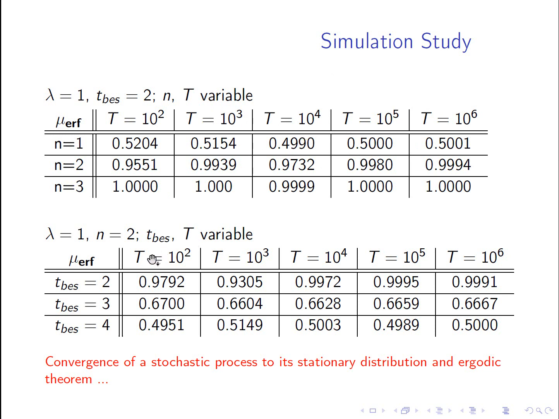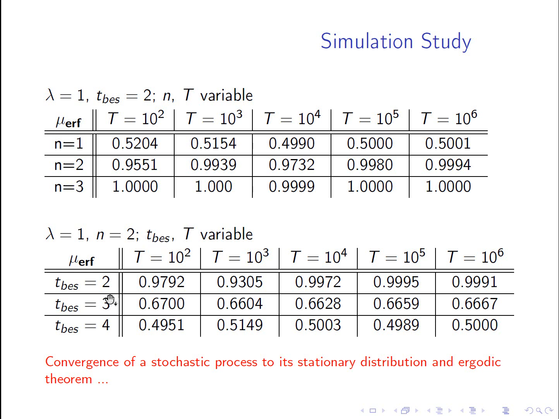And in the second table, the working time is increased, and here you have a similar effect. As I said, they're stabilizing. If the working time is 2 and we have 2 lines, then there's a stabilization close to 1.